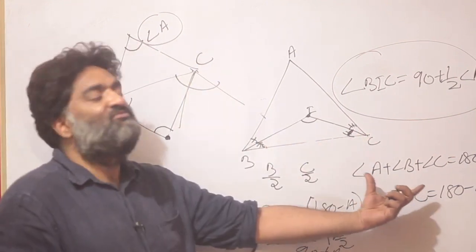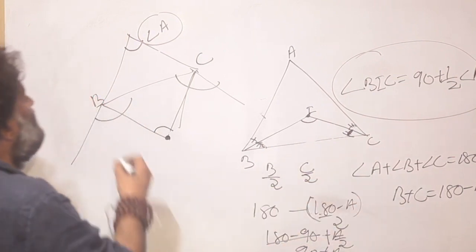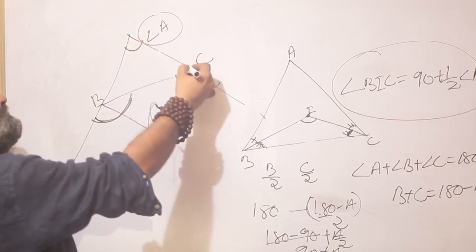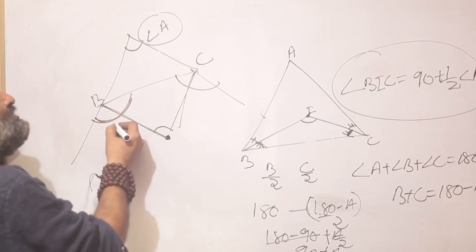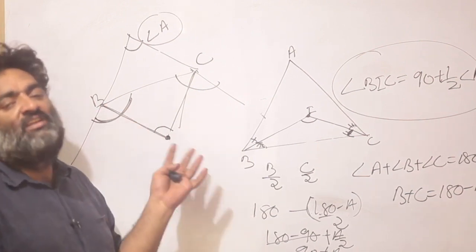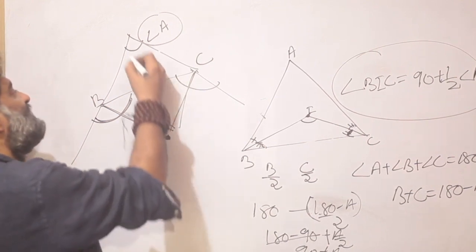You will use angle sum property, you will use exterior angle, so this angle is going to be the sum of this angle and this angle, and then you will use that angle bisector divides it into two equal parts. So take a couple of steps. I have already proved it a couple of times. So now I'm leaving this problem to you. What is the connection between this angle and this angle?